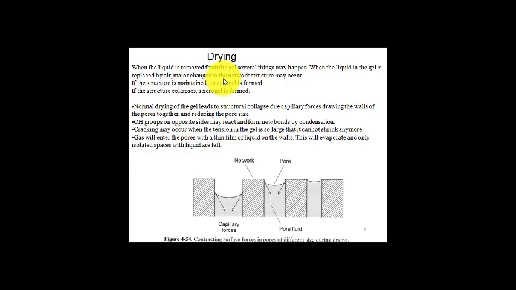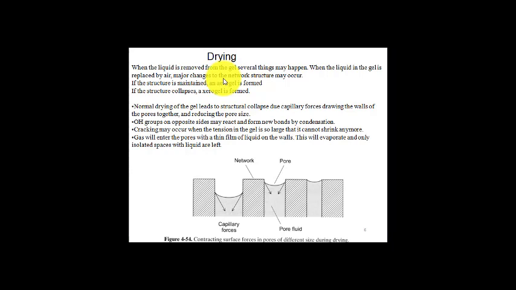Normal drying of the gel leads to structural collapse due to capillary forces drawing the walls of the pores together and reducing the pore size. OH groups on the opposite sides may react and form new bonds by condensation.